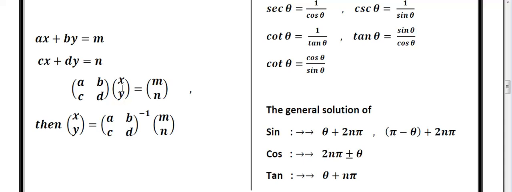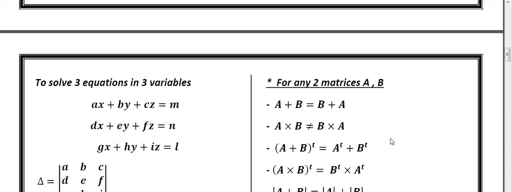Then x and y equal the inverse of the matrix a, b, c, d, multiplied by the constants m and n.